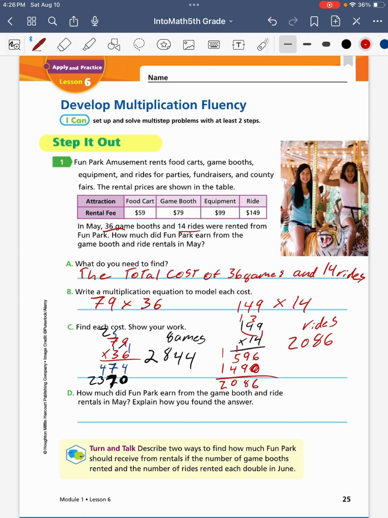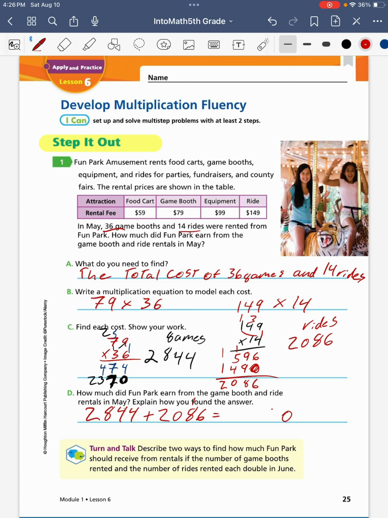Part D asks, how much did Fun Park earn from the game booths and ride booth rentals in May? To figure this out, I'm now going to add 2,844, which I got for my games, plus 2,086. If I add my ones, I have 4 plus 6, that gives me a 0. Carry my 1 here.